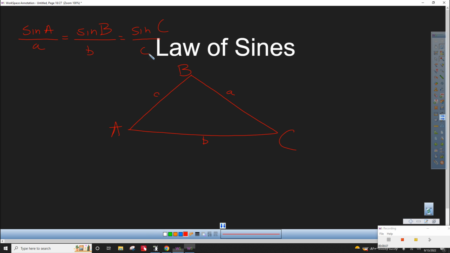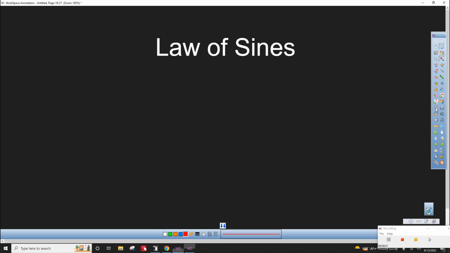Okay, so how do we usually use this thing? Typically, you would have something like this. I don't know, how about 60 and 70 and 10 and x? Now, we would expect that the x would be less than the 10 because if you remember from geometry, a bigger angle will open up to a larger side within the same triangle.